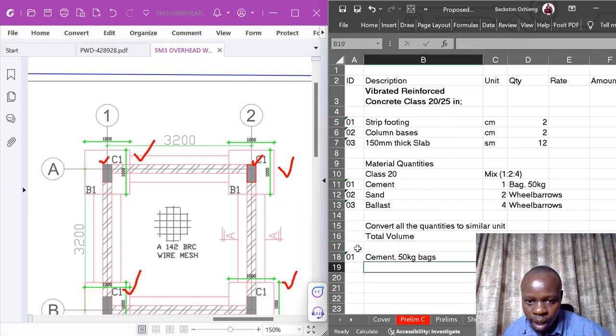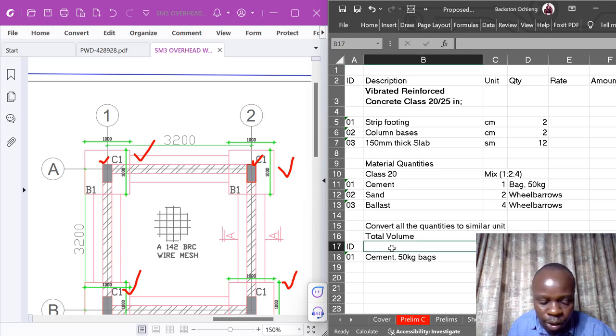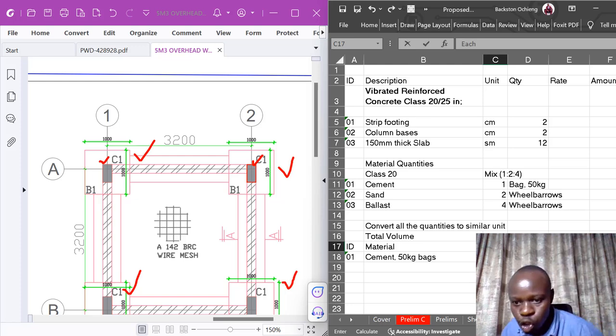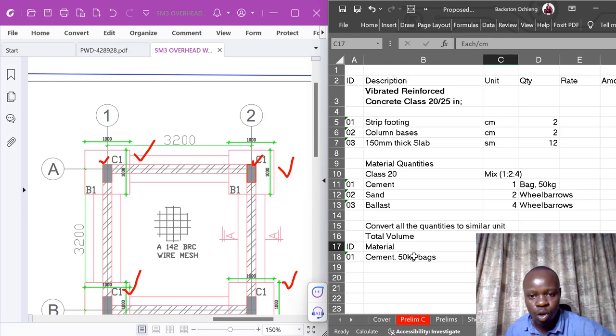Then here I'll talk about ID, then material, and then each per cubic meter, so that we know on every cubic meter it's supposed to be this number. On each cubic meter we are talking about 6 bags. Then I'm going to look at the total bags. The total bags would be 6.